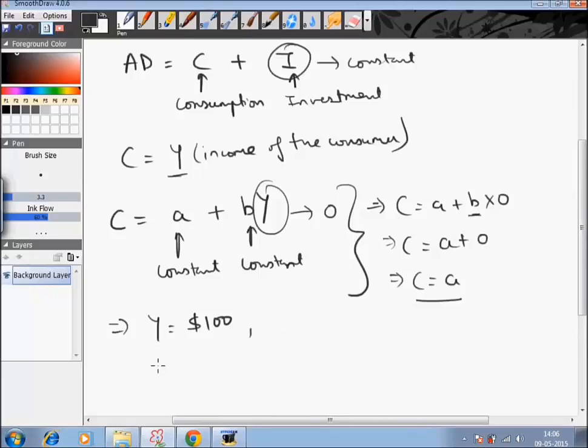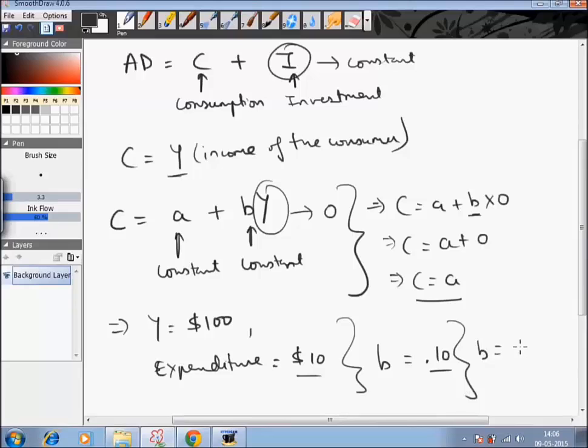That is, my expenditure is $10. So B here will be equal to 10% of my income, fine, which is equal to 0.10. So B here will be equal to 0.10. Or rather we can say that B is equal to change in consumption upon change in income. Clear? Now let's move forward.